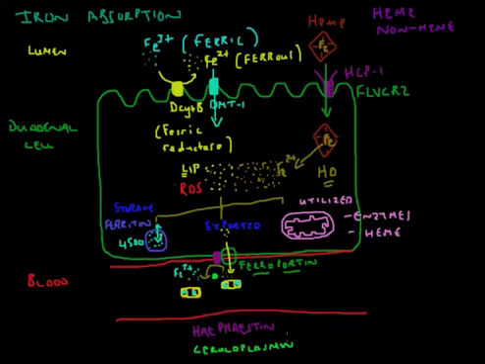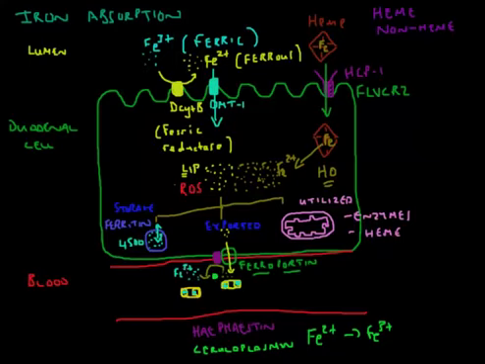Both hephaestin and ceruloplasmin can change Fe2+ into Fe3+. The only difference is the hephaestin is bound to the membrane of the duodenal cell and associated with ferroportin, the iron door, while ceruloplasmin is moving around in the plasma.